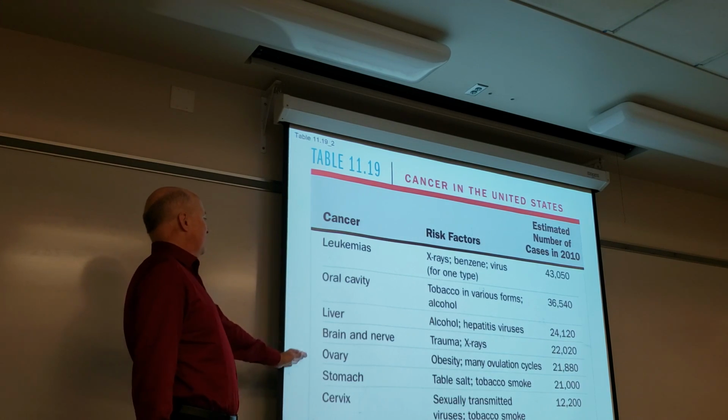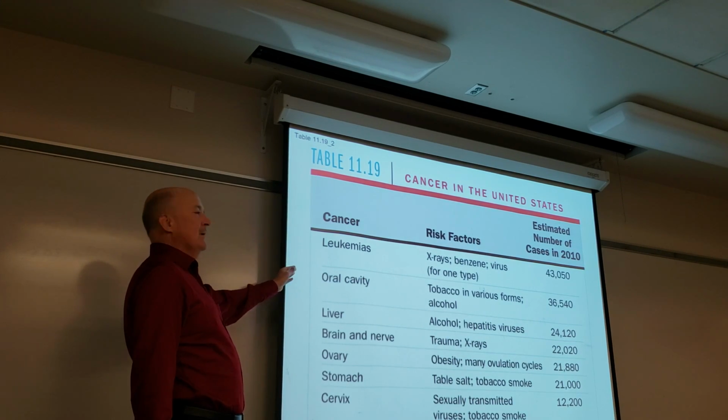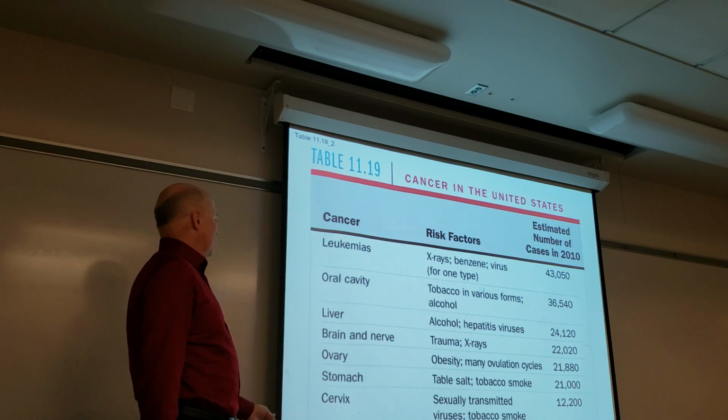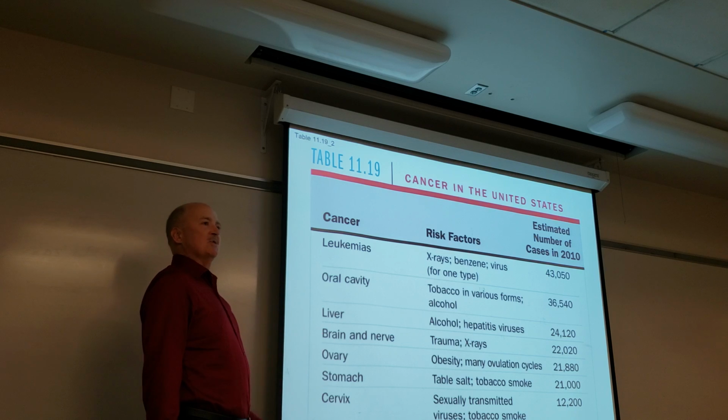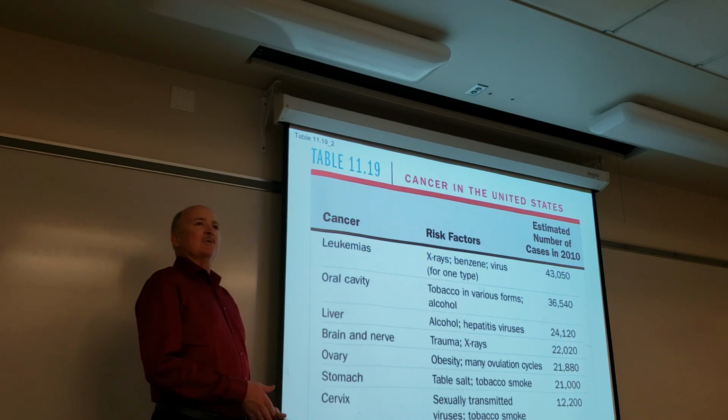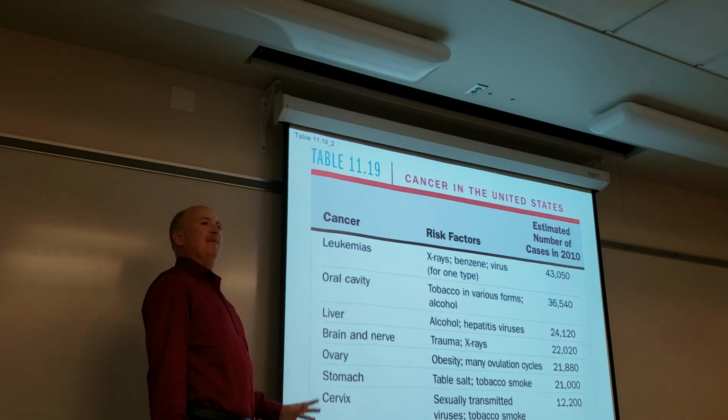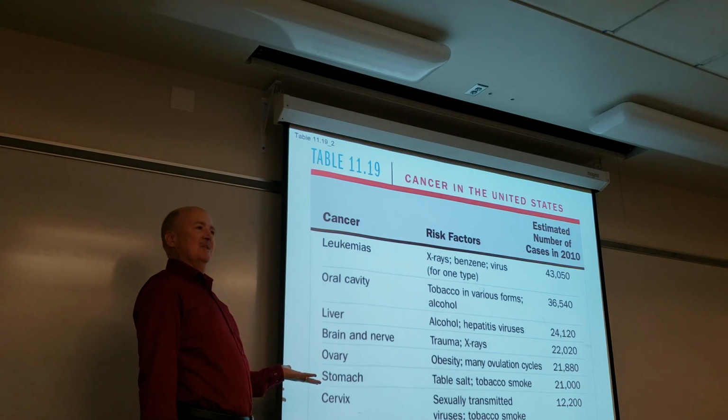There are other types of cancers, and some of them related to viruses. That is one thing. Cervical cancer, also oral cancer. You have some cancers related to the virus, HPV, and we have a vaccine against that.